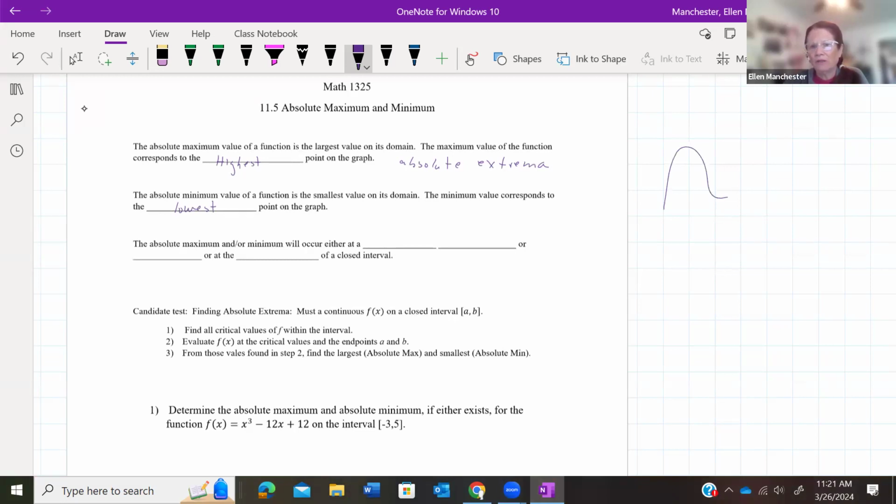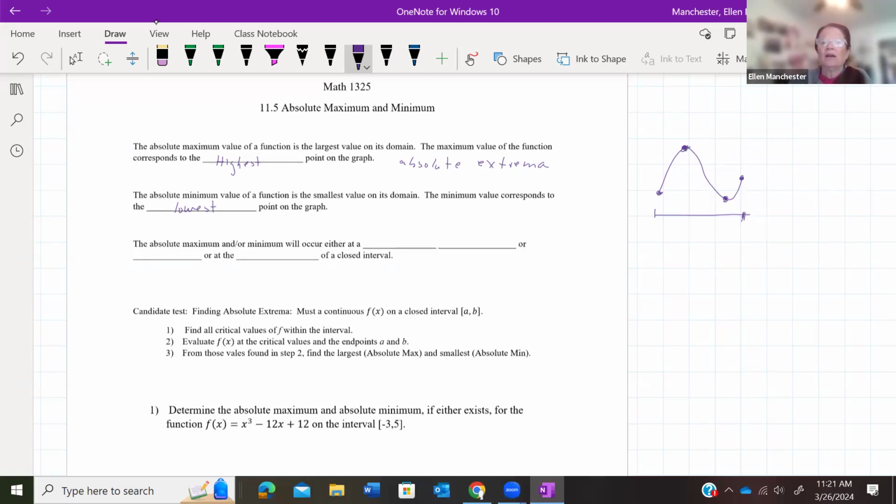If you have a graph, your maximum happens at the highest point, your minimum happens at the lowest point. So what that means is instead of arrows that go on and on and on forever, now we have endpoints. So we have a graph that maybe starts here, goes up, hits my max, goes down, hits my minimum, and then stops here. Okay, so we have a limitation of our x values. So our x values are only going to go from this point to this point. That's as far as it gets to go. It doesn't get to go any further. So now we truly can have a maximum and a minimum.